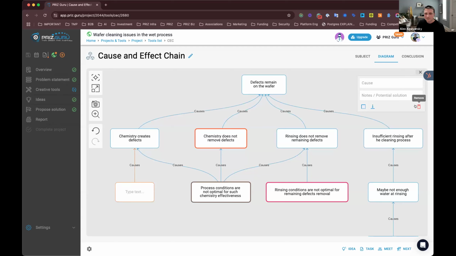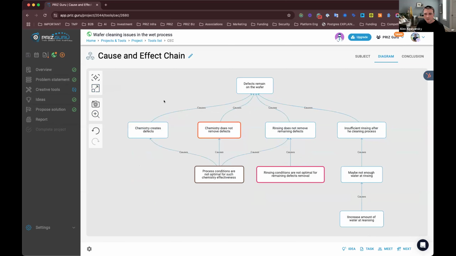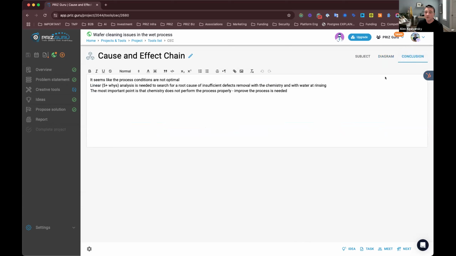Let's put it this way, it just follows the same concept. And of course, once we have this analysis, we want to put the conclusions or outcomes from the analysis in the conclusion section, and I'll show you why that is important as well.